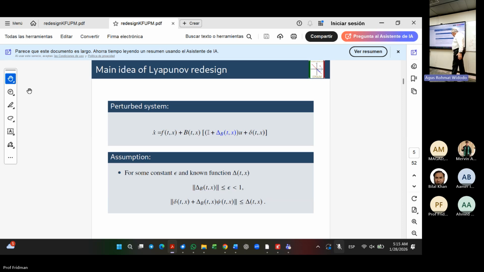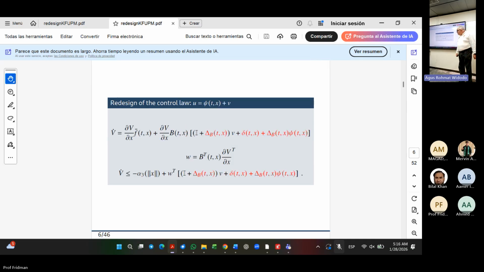And for sure, if they are perturbations, they cannot be bigger than the known part. This means that delta B should have some upper bound, and also perturbations should be bounded by some known function. So what will happen?